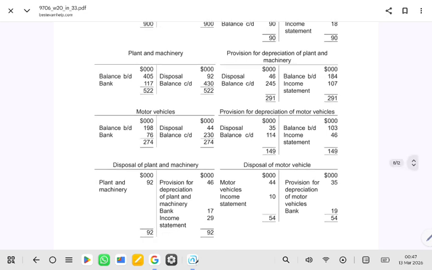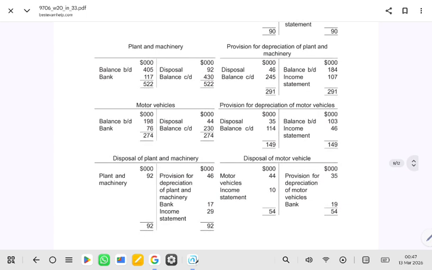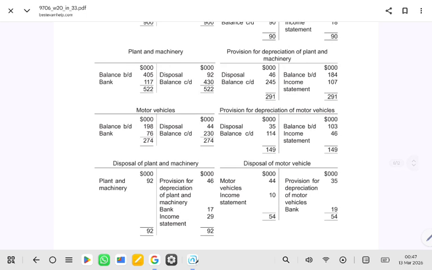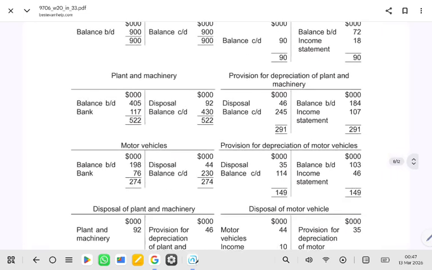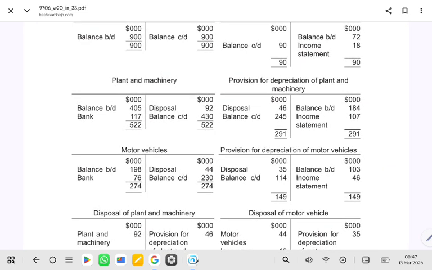It is given disposal. So we will write directly the total of the disposal. For provision of depreciation of motor vehicle, the disposal is given. We do not have to look at these disposal accounts. Rather, we will look in the depreciation account for disposal as we are calculating the cost of it.